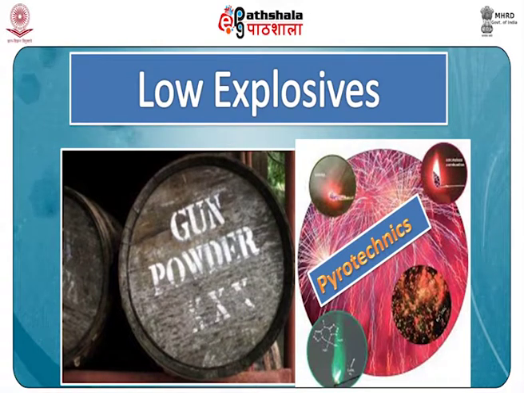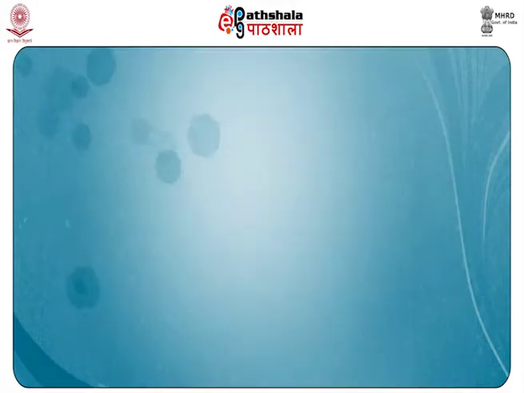Low explosives experience deflagration at rates that fluctuate from a few centimeters per second to about 400 meters per second. Gunpowder or black powder, smokeless powder, flash powder, and pyrotechnics are a few common examples of low explosives.